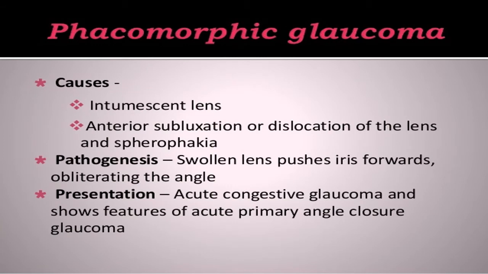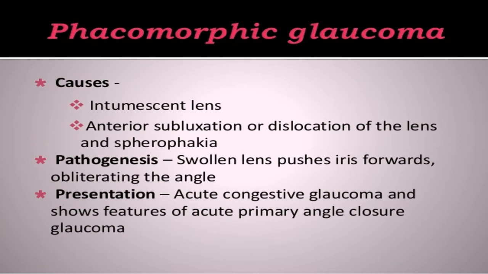Coming to phacomorphic glaucoma. As I already told you, in the intumescent stage, or if there is a subluxation, or spherophakia, that is a spherical shaped lens, it may cause dislocation of the lens anteriorly. That's how it causes blockage of the peripheral anterior chamber.